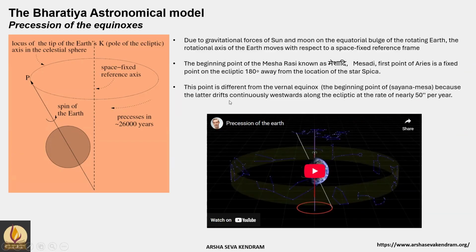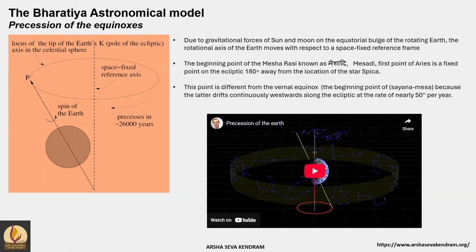The precession causes the equinox point to shift against the backdrop of stars. It also causes the pole star or the celestial pole to change position as time goes by, right?